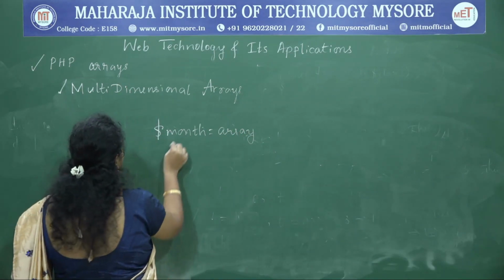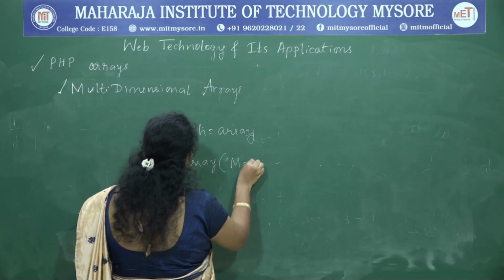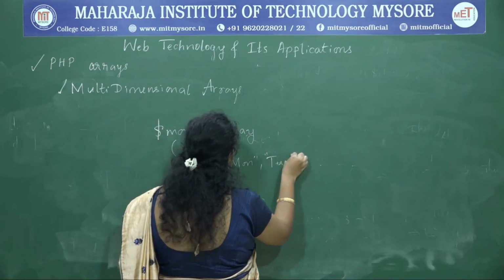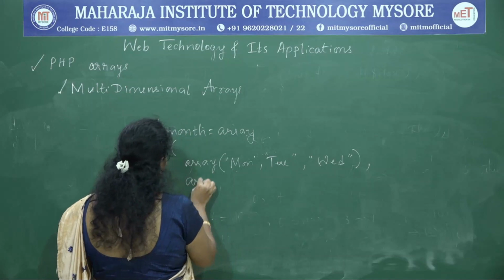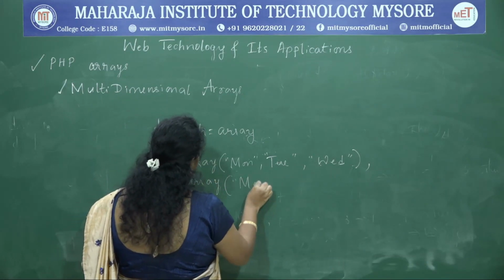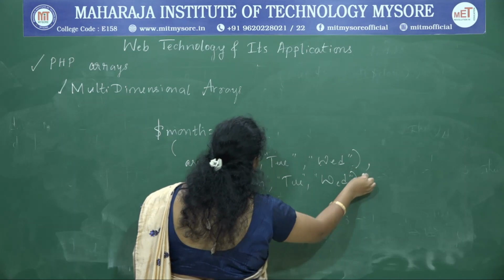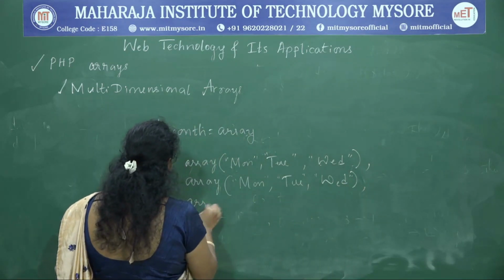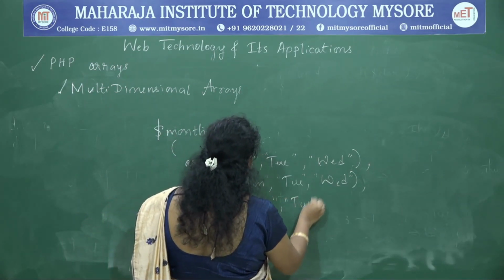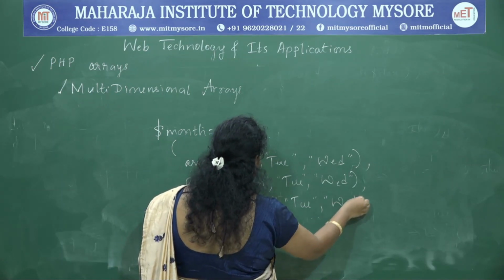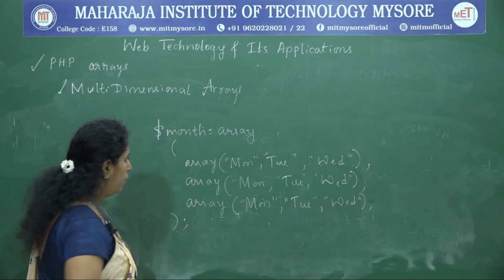Here I will open array, Monday, Tuesday, Wednesday, comma, array, Monday, Tuesday, Wednesday, comma, array, Monday, Tuesday, Wednesday. Then I will close this array. Finally, I will put a semicolon.